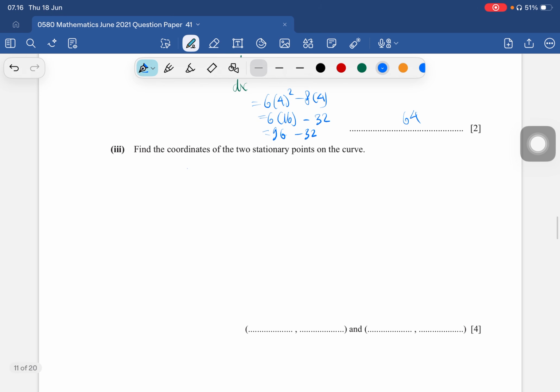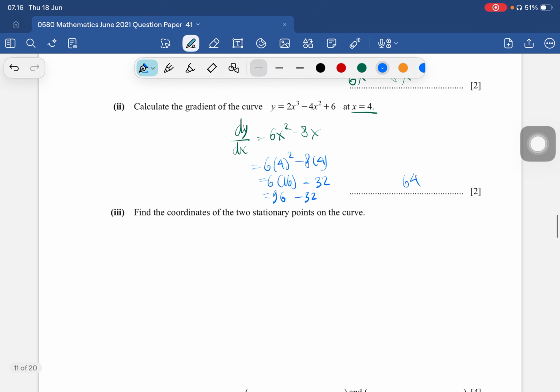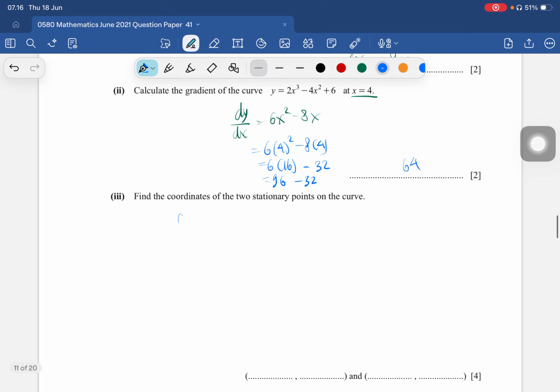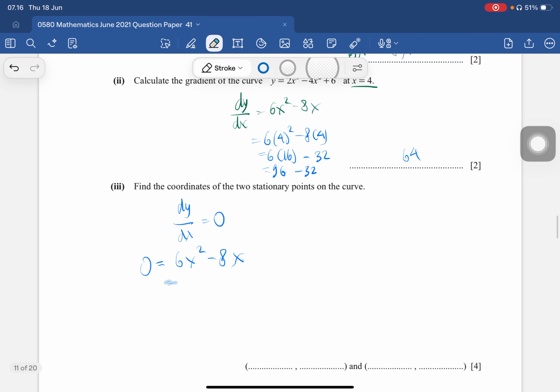Okay, find the coordinates of the two stationary points on the curve. A stationary point is when dy/dx equals 0. So 0 equals 6x squared minus 8x. We can factorize it by taking out 2x.